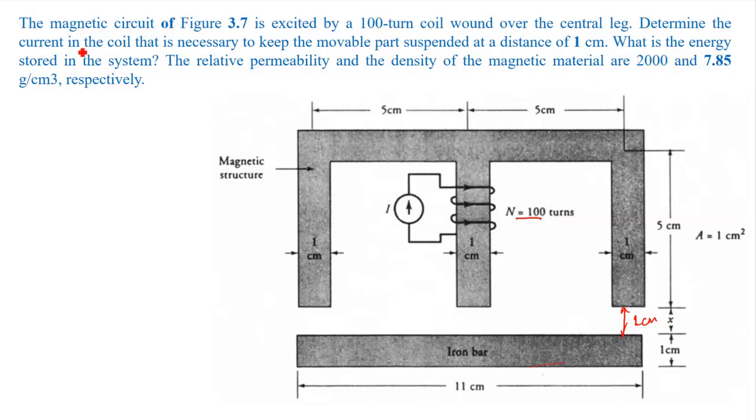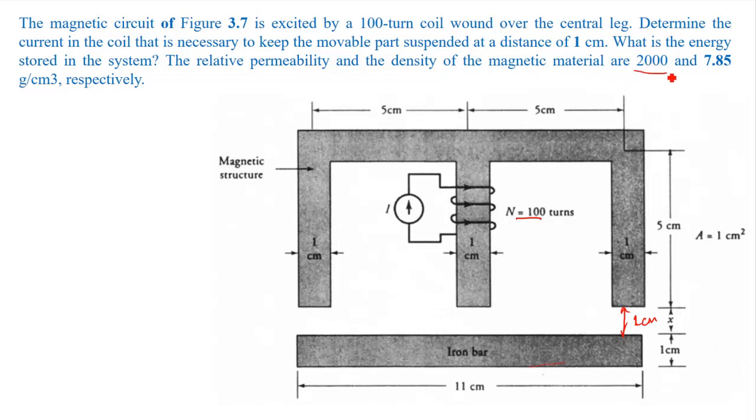And what is the energy stored in the system, right? So energy stored in the system, already we know, in an inductive system. And you can see here, it is already mentioned that the permeability is constant, right? Here the relative permeability and the density of the magnetic material are given.